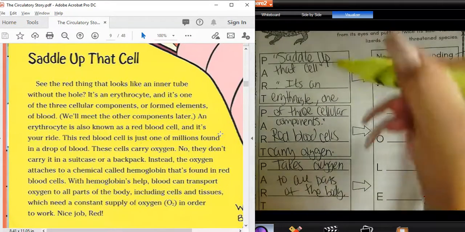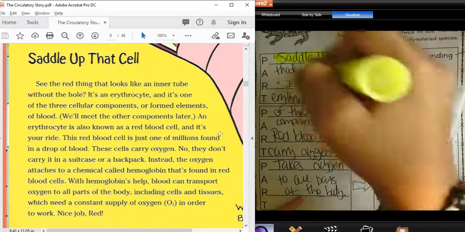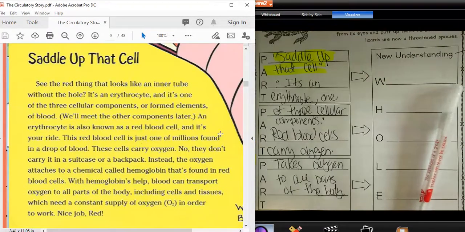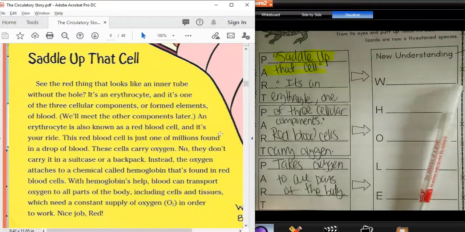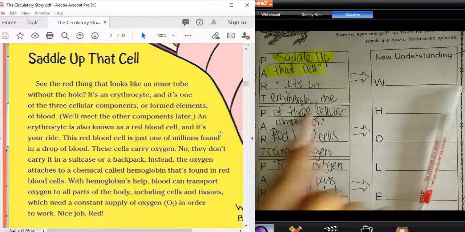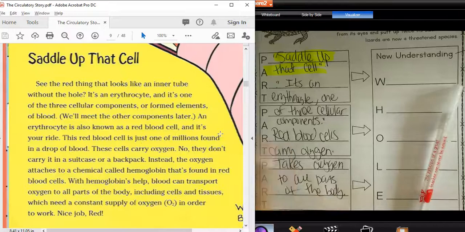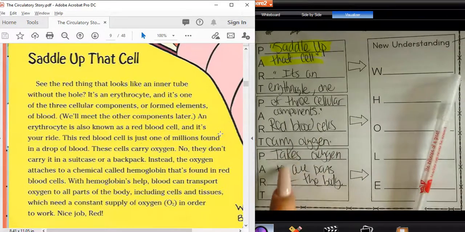So set up that cell, that's the name of our heading. And then what I did is I gathered important information the author gave me and wrote it. I used quotations when I copied word by word. So "it's an erythrocyte, one of 3 cellular components." The author told me that. And then as I kept reading, I know that red blood cells carry oxygen and they take it to all parts of the body.